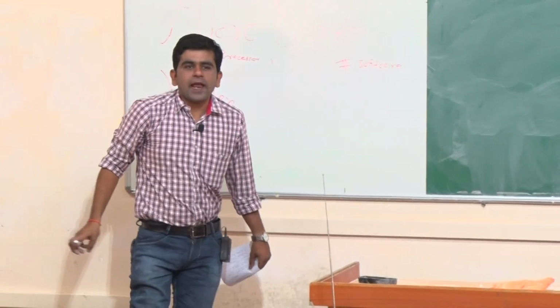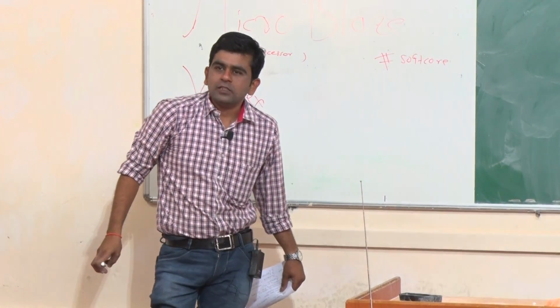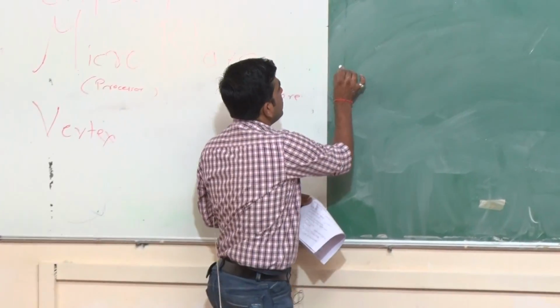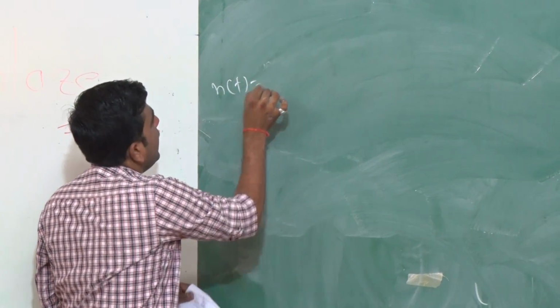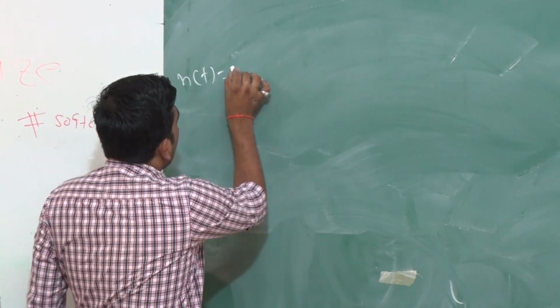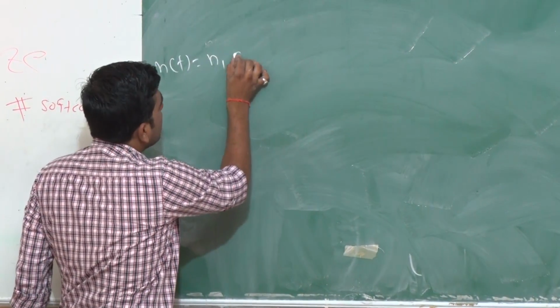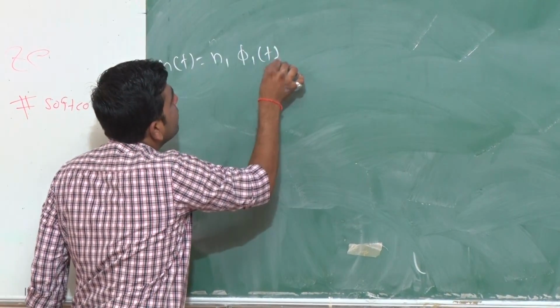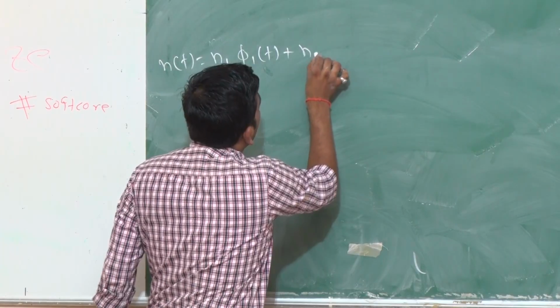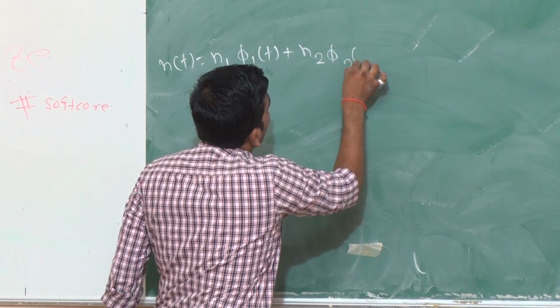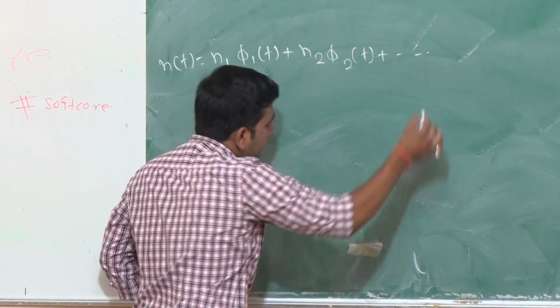We require infinite basis functions. So we can represent this system n of t as n1 phi 1 of t plus n2 phi 2 of t, and so on.